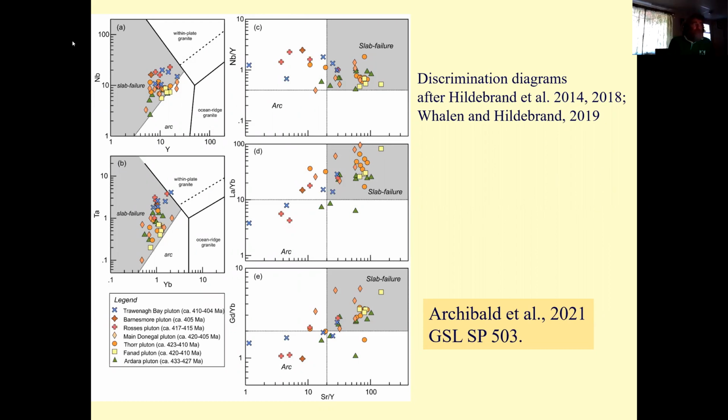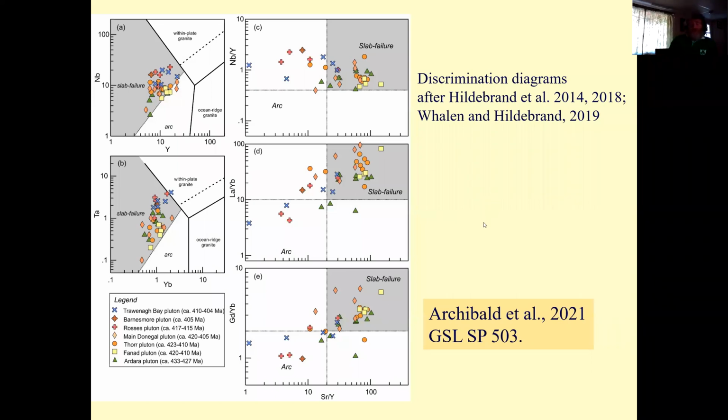And yes, indeed, they occur in the slab failure field. So this is telling us that the granitoid rocks and the coeval appinites are in place in this sort of late subduction to collisional to post-collisional setting in which there could be asthenospheric upwelling.